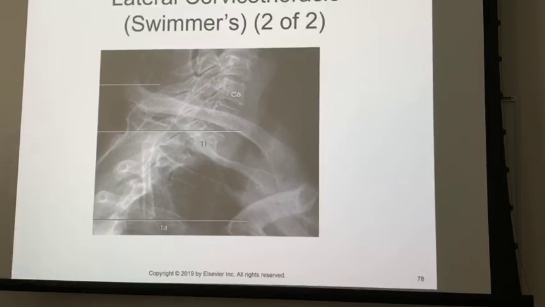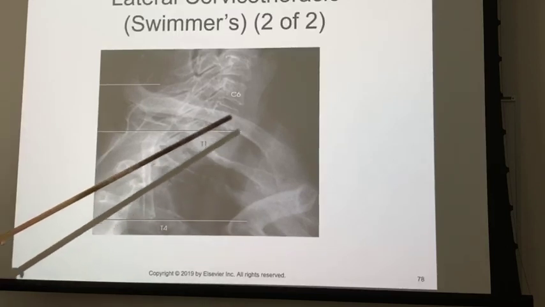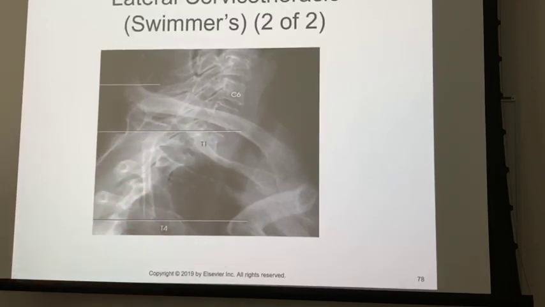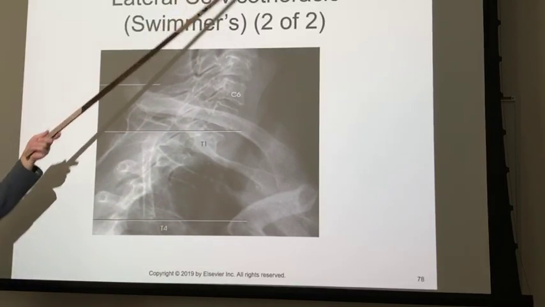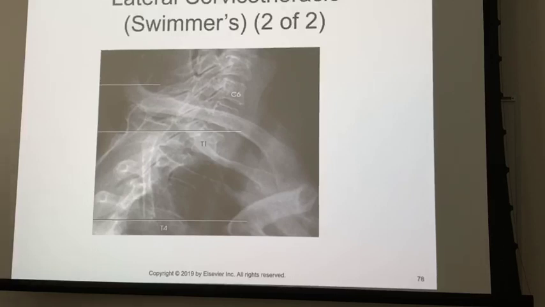C1 and C2 are so unique looking on the x-ray that they can actually count from C1, C2. You include C5 down, they all look alike, right? So even though this is good radiation protection because you irradiated less patient than you otherwise would have, your radiologist might not be able to count that. So most of your radiologists are going to want you to include all the way up to C1 or C2, all the way down to C7, T1. Okay?